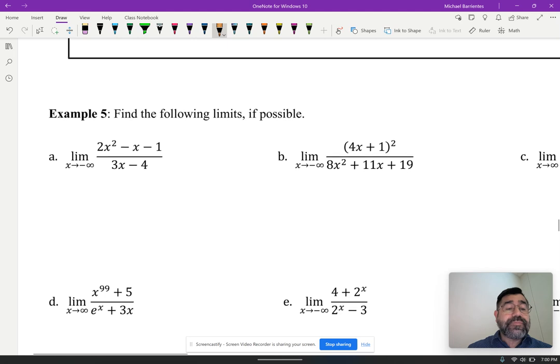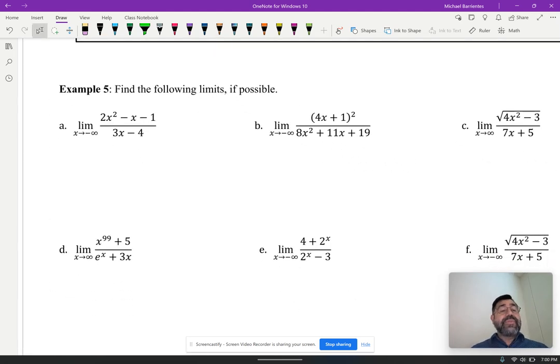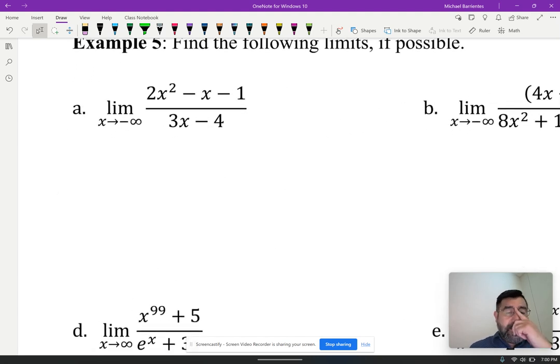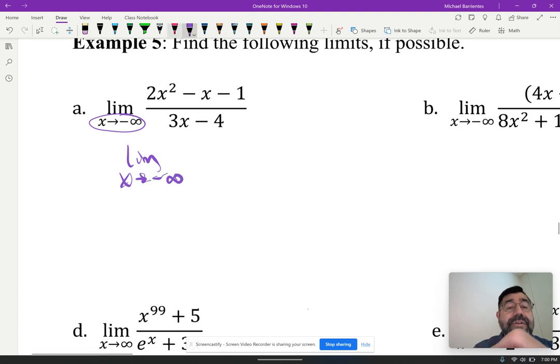All right. So here's a perfect example. I'm looking at letter A. This is a limit at infinity, even though it's approaching negative infinity. So let's take the limit as x approaches negative infinity of the biggest term on top and the biggest term on the bottom, and reduce it as much as you can.